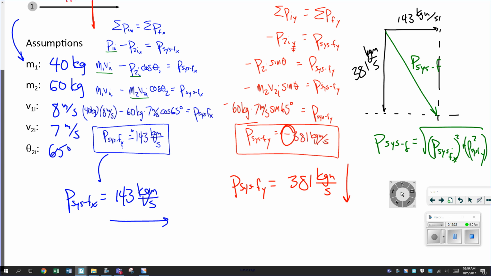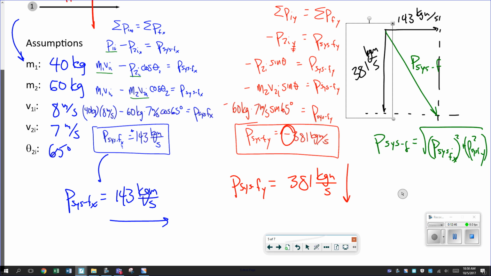That's the point of doing this component stuff: making right triangles out of things that are easy to analyze using trigonometry and the Pythagorean theorem.